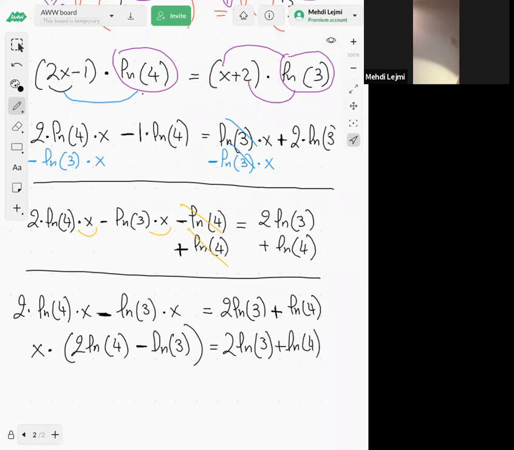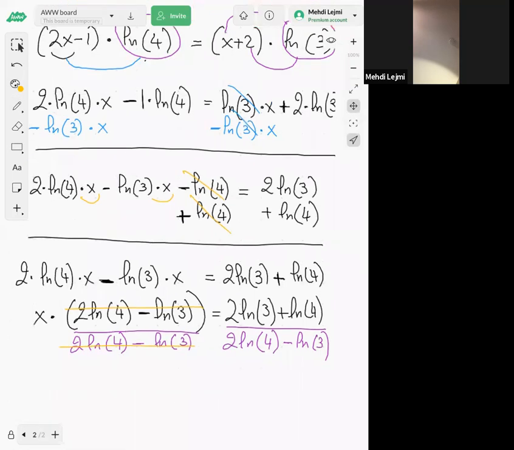Okay, so I factor out x, so then I can divide both sides by this 2 natural log of 4 minus natural log of 3. You have to do the same on the right side. So then on the left side, this 2 natural log of 4 minus natural log of 3 cancels out.